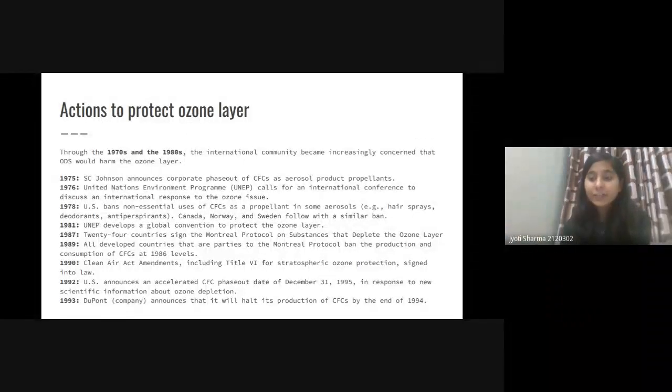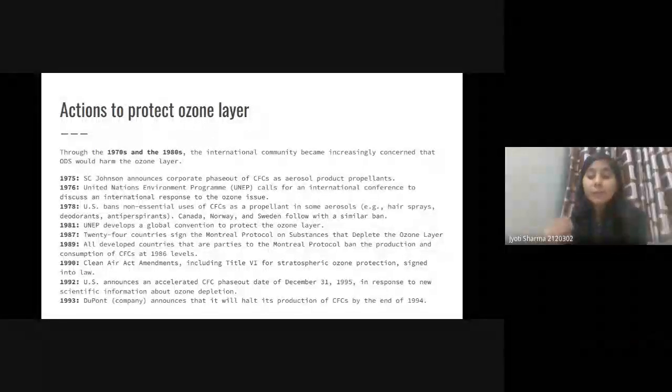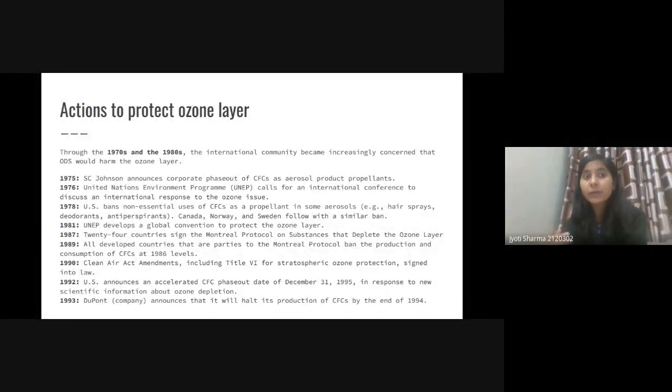Like there were a variety of CFCs, and some of the CFCs were important. Some of the CFCs were an integral part of our refrigerants or our AC. So step by step, we had to replace these.